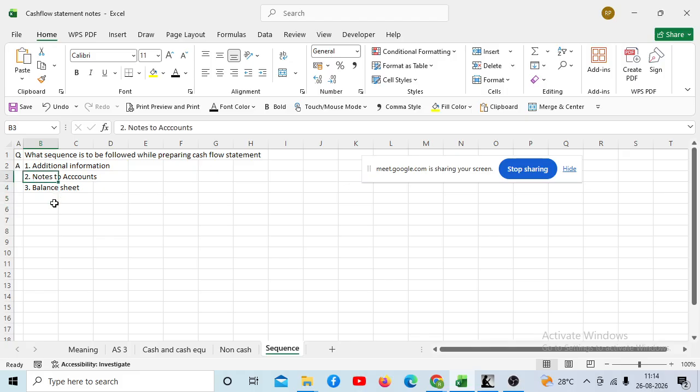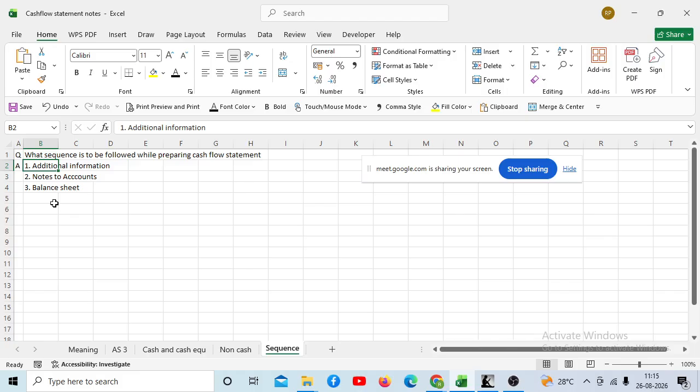Done. See, additional information, notes to accounts and balance sheet. See, in a full-fledged question of cash flow statement, they will give you balance sheet, they will give you notes to accounts, and they will give you additional information. So what we have to do, we have to prepare our format of cash flow statement. That is the 3 activities: operating, investing, and financing, right?